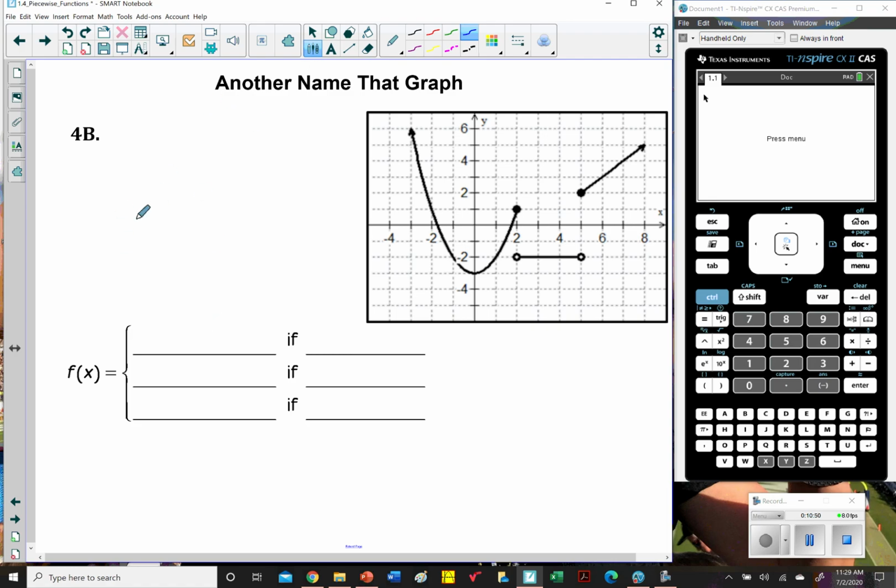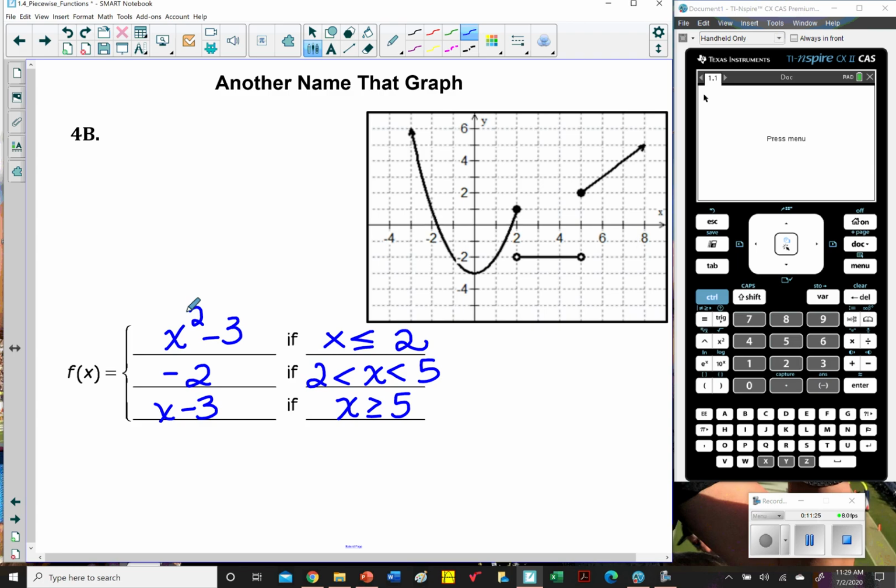So turn the video off and then come back and check to see that you have my results. And I end up with x squared minus 3 for all the values less than or equal to 2. The middle piece is the open interval from 2 to 5, and the third piece is x minus 3 for all the values greater than or equal to 5.